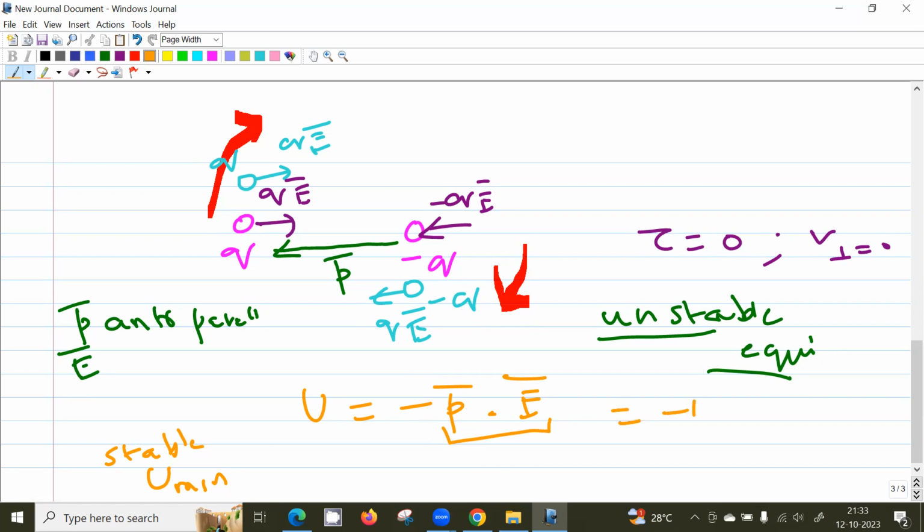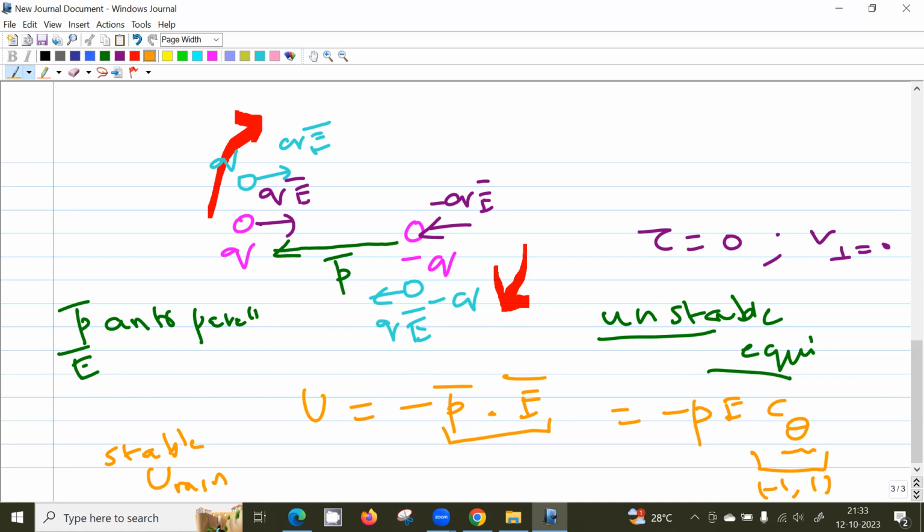So this I can write as minus PE cos theta. P is fixed because the dipole is fixed, and the electric field is external and fixed. The only variable is theta. So cos theta will vary from -1 to +1, like sin theta also varies from -1 to +1.